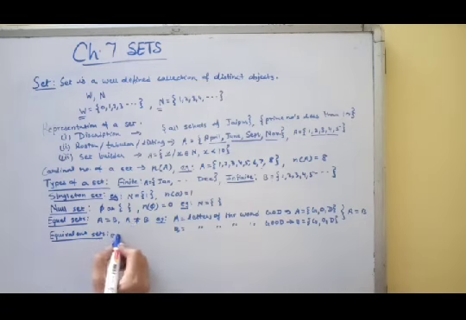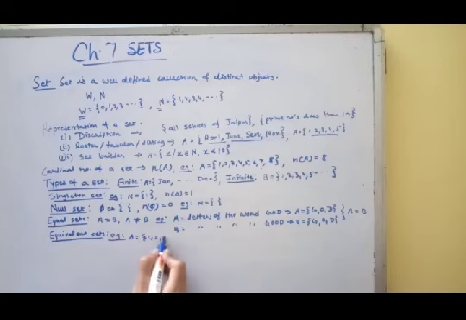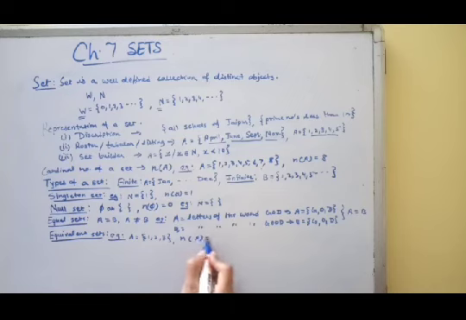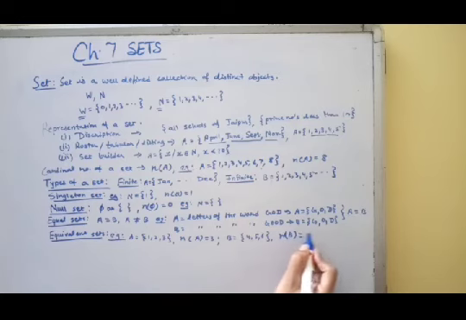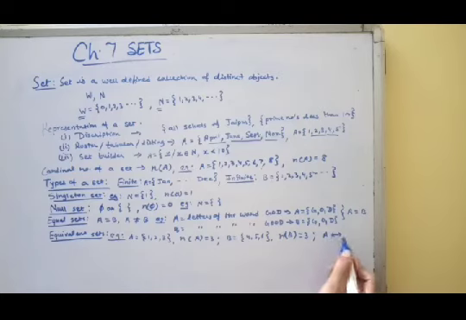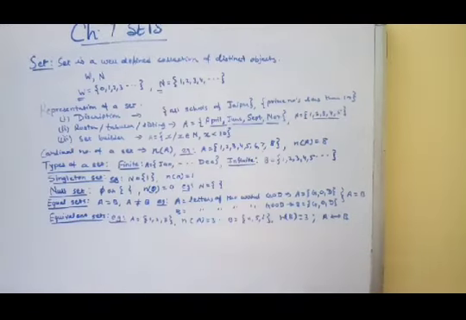For example, A equals {1, 2, 3}, 3 elements, and the cardinal number of A is 3, and set B has elements 4, 5, 6, and the cardinal number of B is also 3. So these two sets A and B are equivalent, and we denote it using this sign: A is equivalent to B.